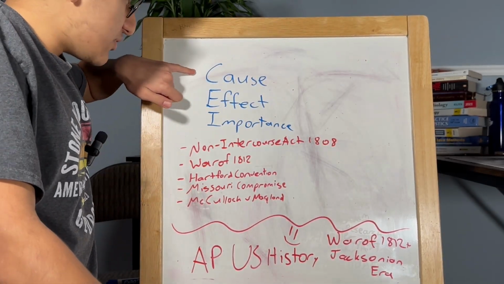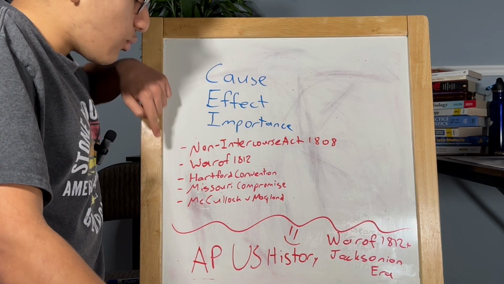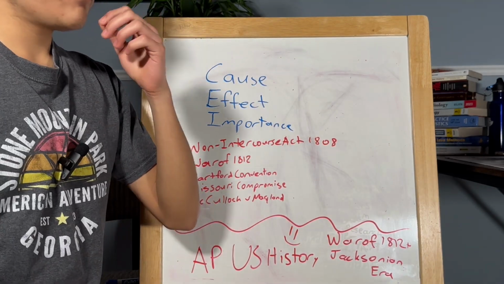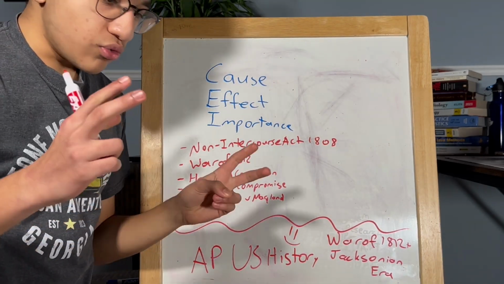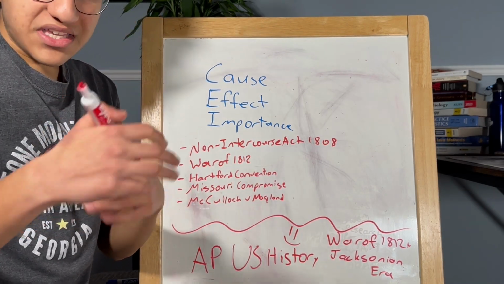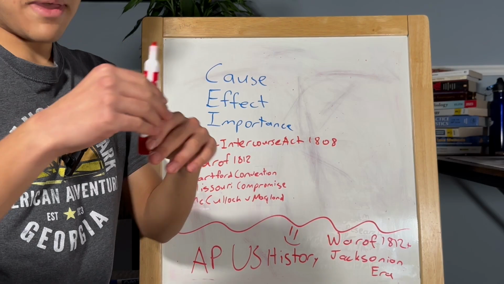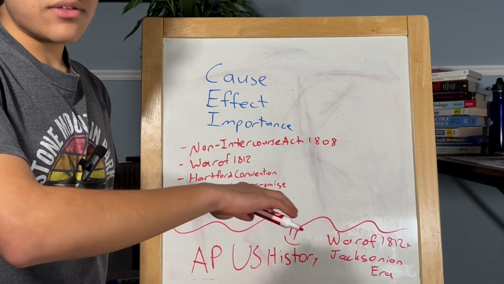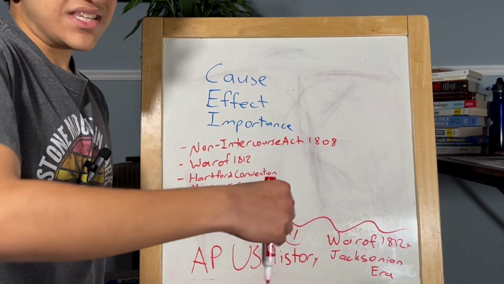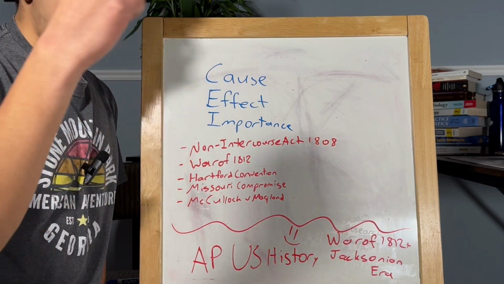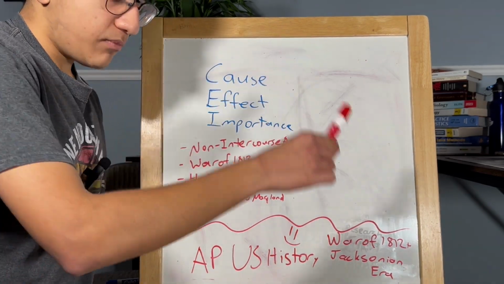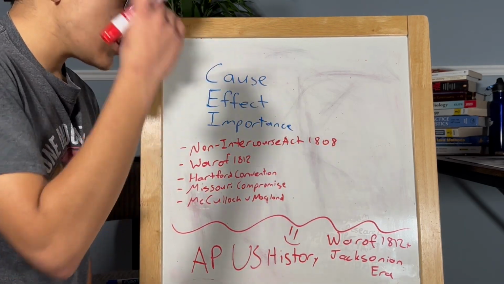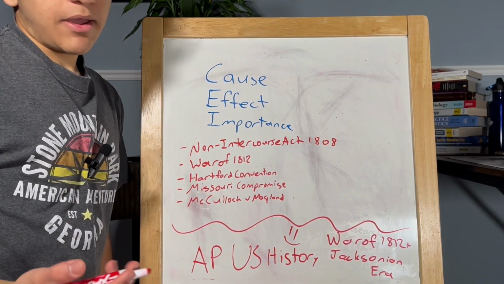Another cause is that the British were seen as supporting the natives to rebel against the Americans, and that was another point of contention. Eventually, they did do that, though they initially weren't. They did after the Battle of Tippecanoe and William Henry Harrison defeating Tecumseh, and Tecumseh reconvening with the natives and asking the British to help them out.